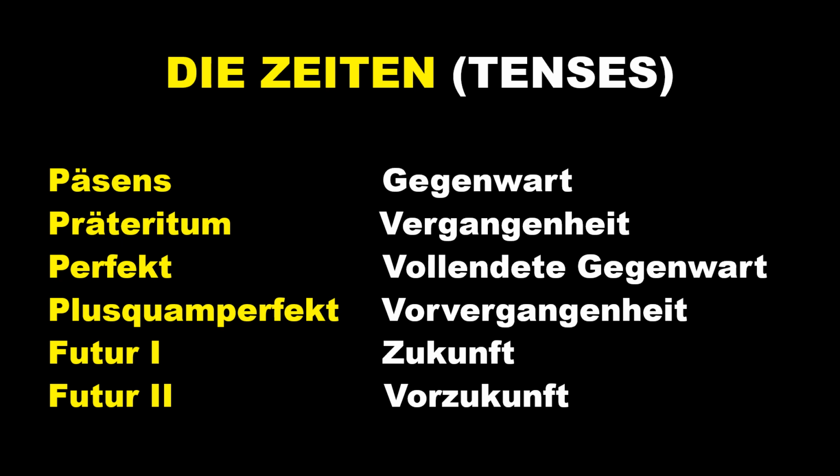Now you can see the similarity: we have just added the prefix vor, which means before. So Vorvergangenheit is past perfect tense, and Vorzukunft is future perfect tense. Once again, along with me: Präsens, Gegenwart, Präteritum, Vergangenheit, Perfekt, vollendete Gegenwart, Plusquamperfekt, Vorvergangenheit, Futur eins, Zukunft, Futur zwei, Vorzukunft.